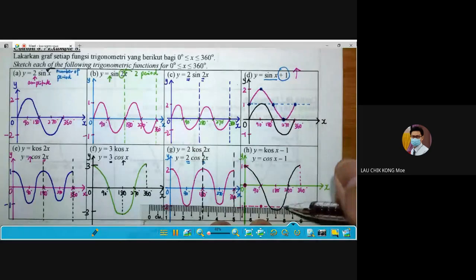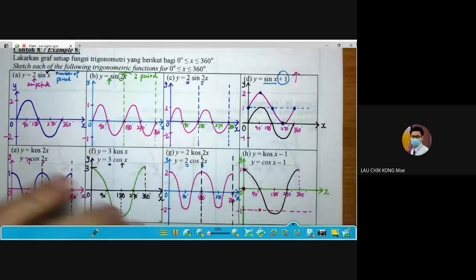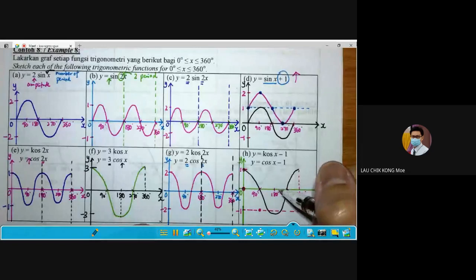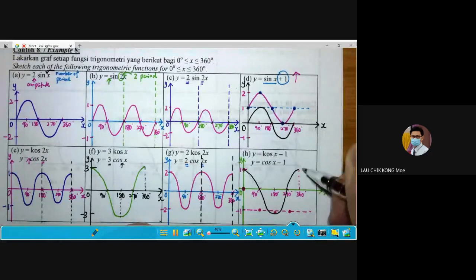Okay, lebih kurang ini ya. Okay, so 0, the negative 1 to become negative 2, this one, okay, to become negative 2, and 0 to become negative 1 again, and then 360 is 1 to become 0. Okay, going down 1 unit.